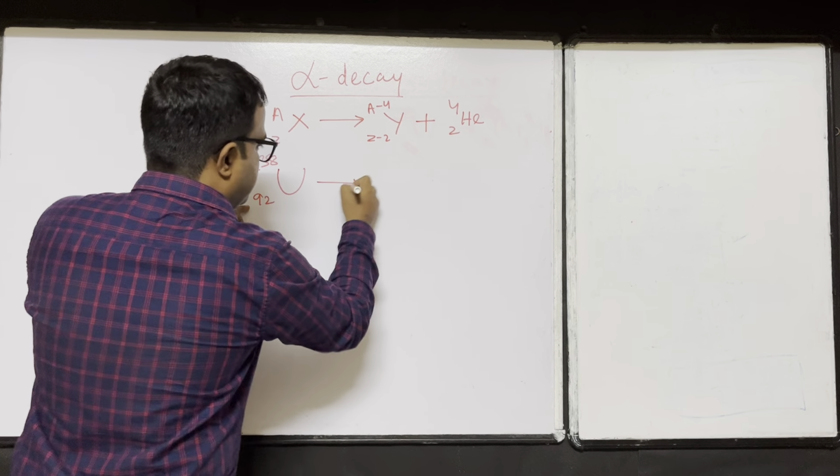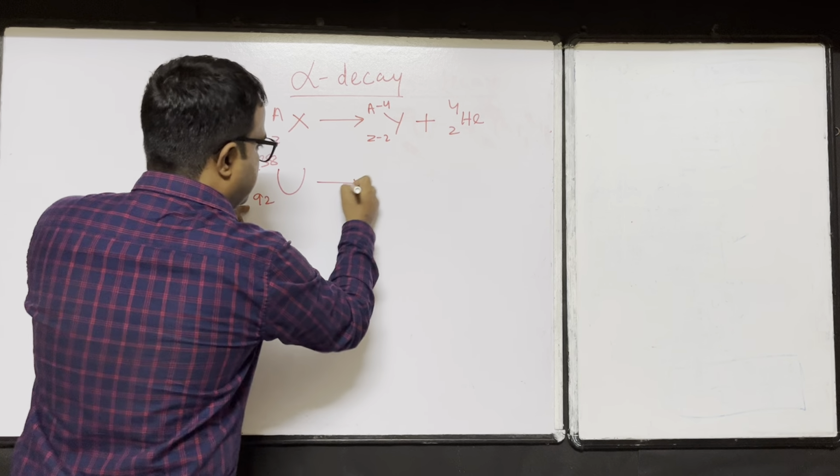Now we will discuss the Q value. What is Q value? Q value is the mass energy difference of the reactant and the product.